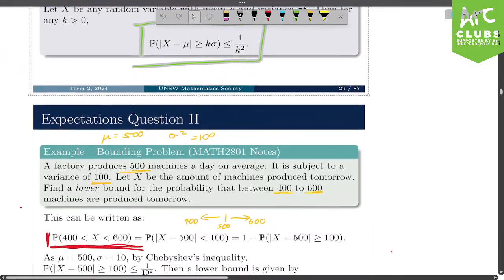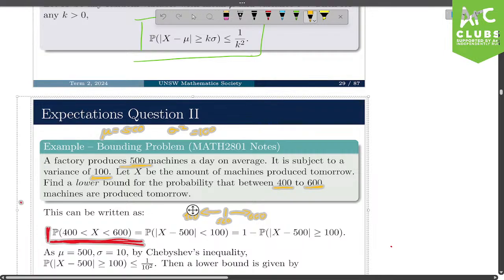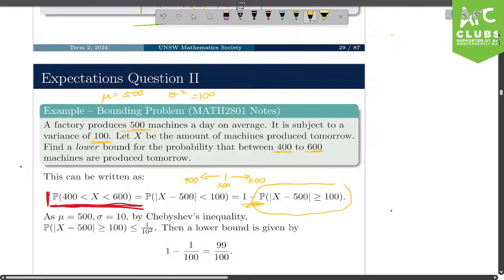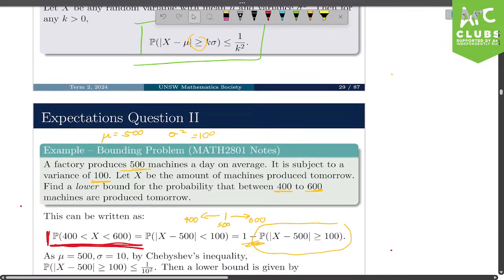Right, but Chebyshev's inequality requires this greater than sign. So we have to take 1 minus this probability. And Chebyshev's inequality shows us that this thing is always less than or equal to 1 on k squared. Well, we have sigma equals 10, and we're looking at k sigma equals 100, so k equals 10, and so 1 on k squared equals 1 on 100.